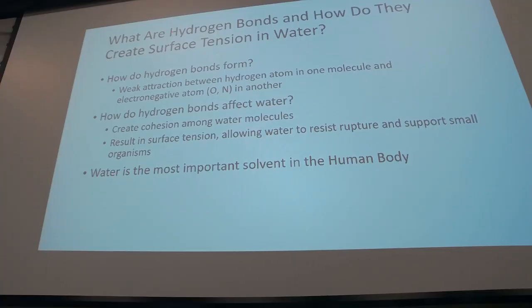Although hydrogen bonds are weak attractions, when they're multiple, they create strong structures, including the surface tension that exists in water, that helps some small organisms to be able to walk on water.